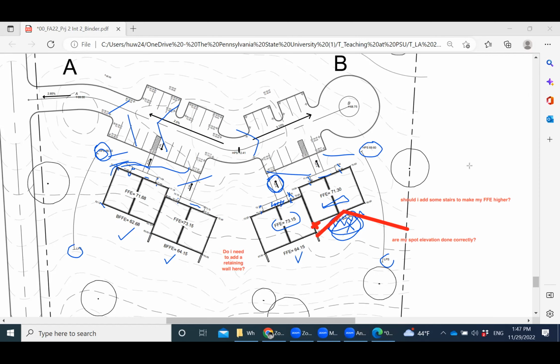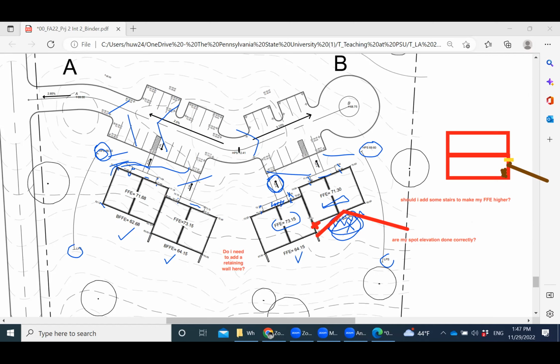Basically, in cross section, this is my basement and that's my first floor. If the first floor is 72, it just means my ground is at that location. So my BFFE will be 62, but the corner elevation outside of my house will still be 63.